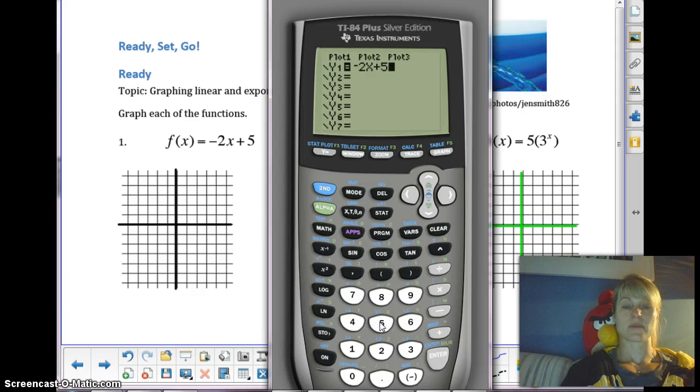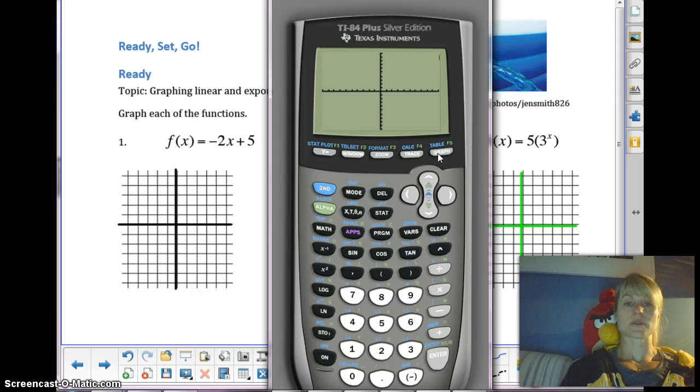Make sure this is a negative, not a minus. The calculator does not recognize those as the same thing. So if you put a minus in there, it'll look longer, and then you can see that it tells you that's an error. I don't understand what you're talking about. So we go to, and then we should see that that's the negative.